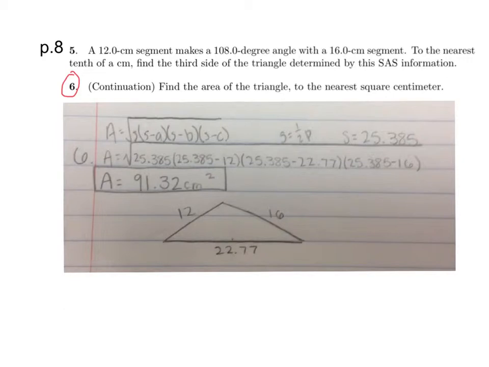Okay, and a second way you can do this problem is, since we have the 108 right here, we can use the original information from the problem, which is just the 108, the 12, and the 16, and we could do area equals 1/2 AB sine C there.